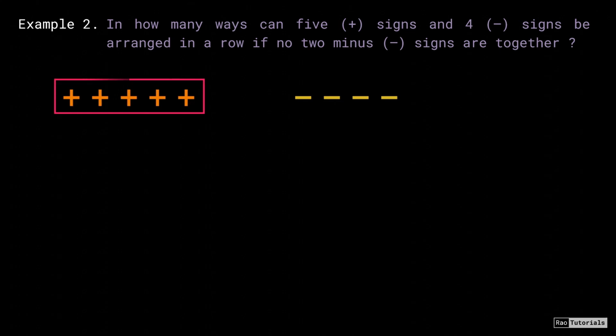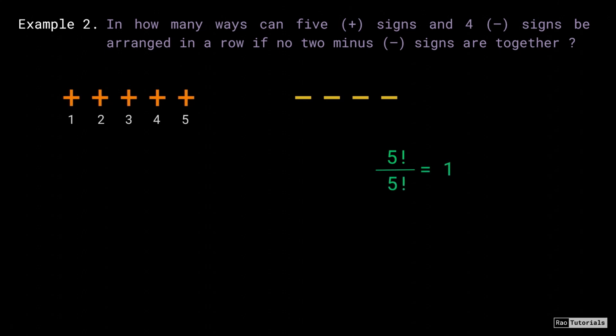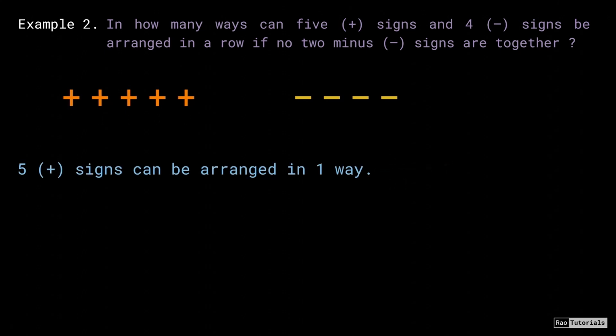So we arrange plus signs first. Arranging these 5 plus signs among themselves doesn't give us any new pattern. It's always 5 plus signs next to each other. So these can be arranged in just one way. We can think like 5 plus signs can be arranged in 5 factorial ways. And since all 5 signs are identical, we divide by 5 factorial, getting the number of arrangements as 1.